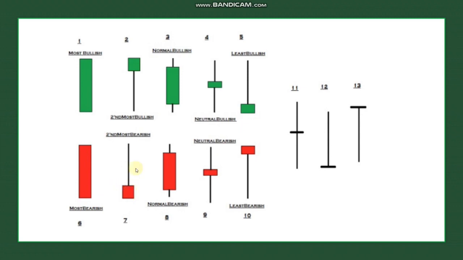A shooting star kind of pattern: if your market is going up and you see a pattern like this, the wick shows the price rejection. The market tried to go up, but it could not sustain, and as a result it had to go down because the selling pressure is very high.